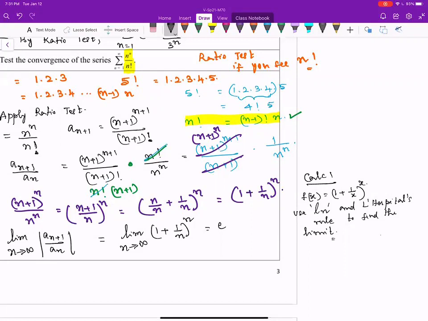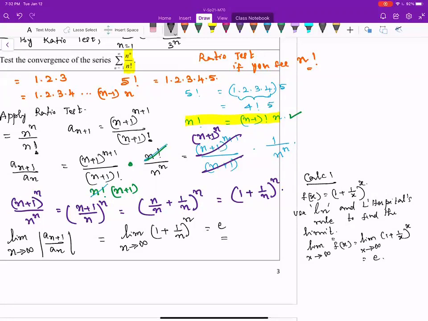You can prove this from the techniques that you learned in calculus 1. So you would prove that the limit as x approaching infinity of f(x), which is the limit as x approaching infinity of (1 + 1/x) to the power x, would be equal to e. That's exactly what we are using here.